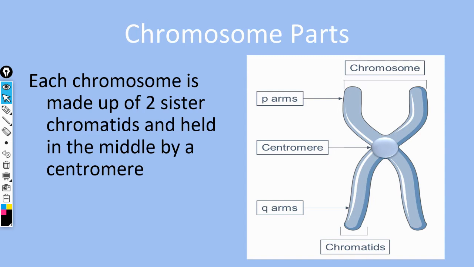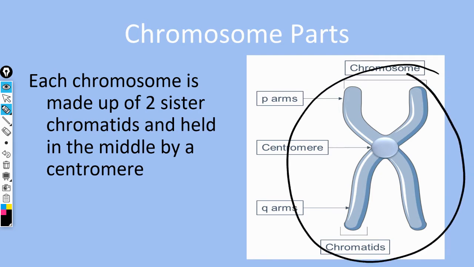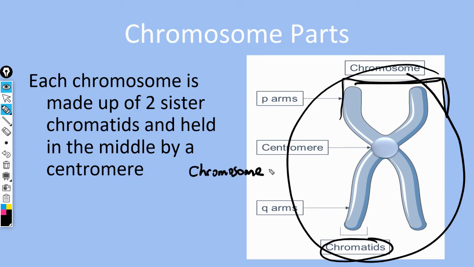One of the things you have to know is the parts of chromosomes. And so the whole thing is called a chromosome. This whole structure right here is referred to as a chromosome. Now, each chromosome is comprised of these things called chromatids, and sometimes we call them sisters. So I'm going to draw it out so that you guys can see it from start to finish.